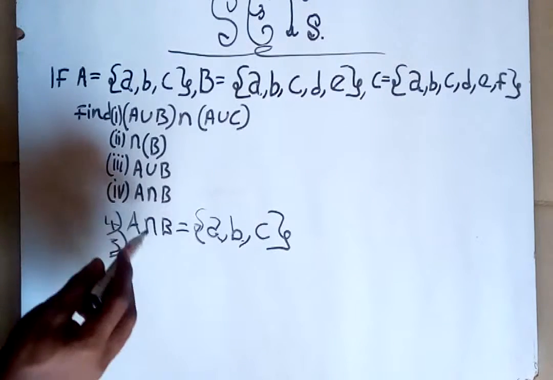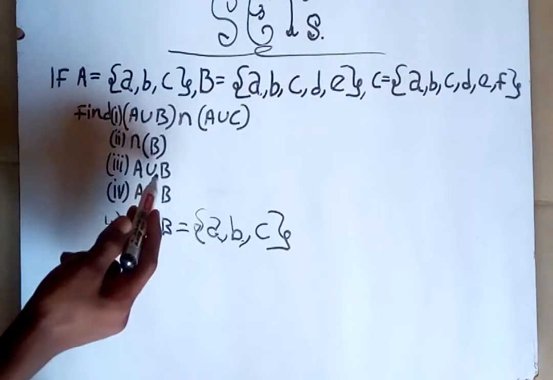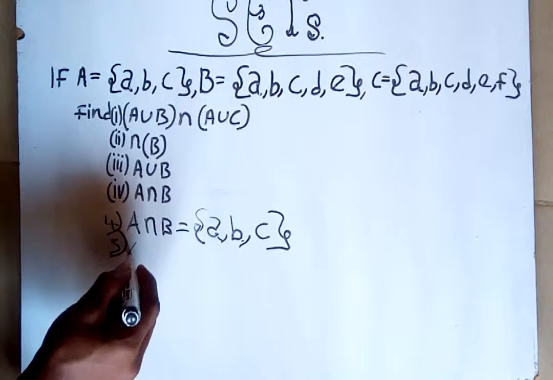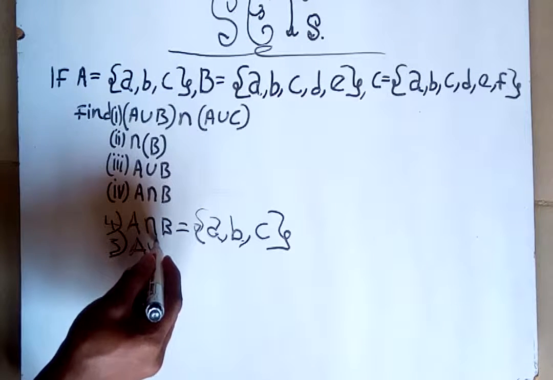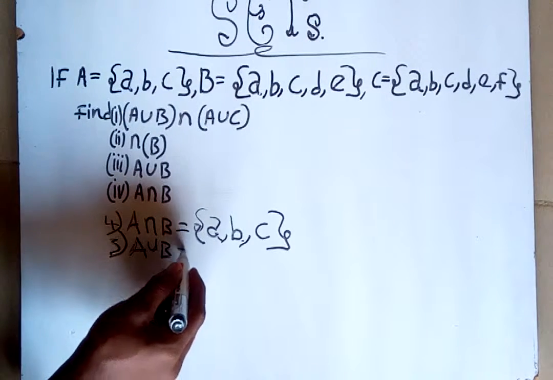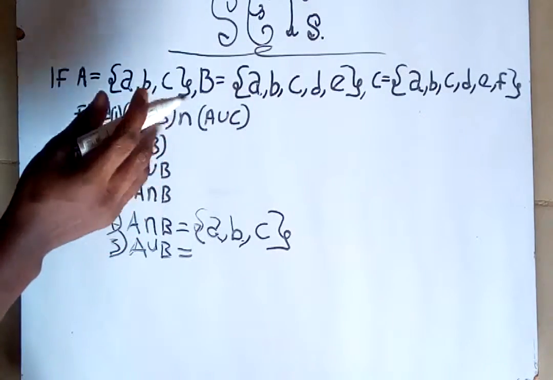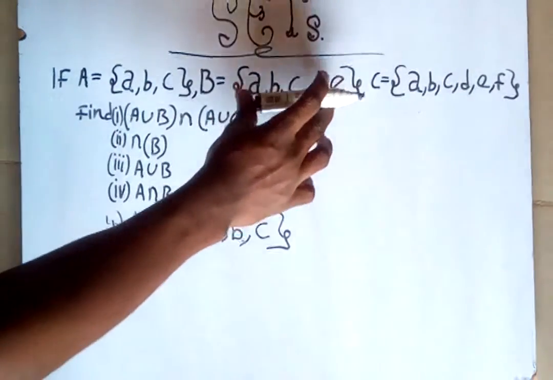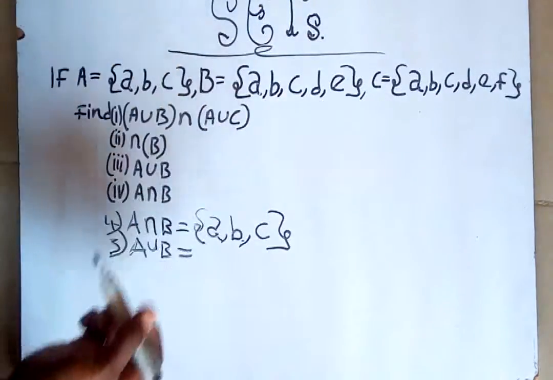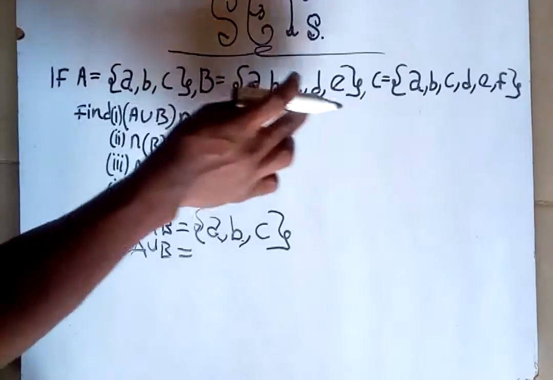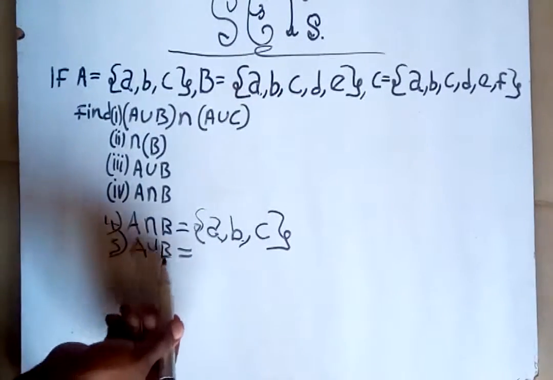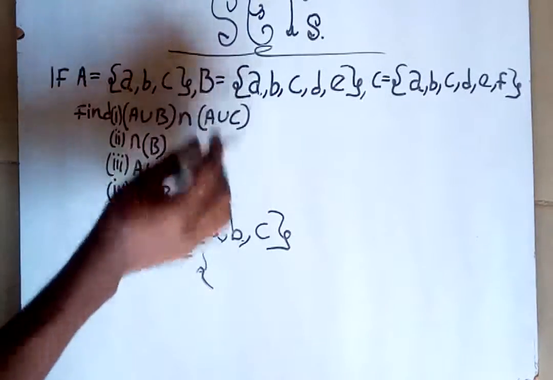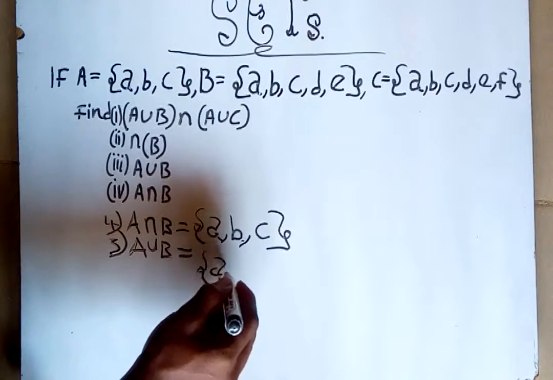Number 3. We've been asked to find the union of A and B. So the union of A and B would be whatever is in this set of elements together with the ones in this one, because the combination of the two is going to give us the union of A and B. But remember, because we're having A here and A here, A should not be written twice.